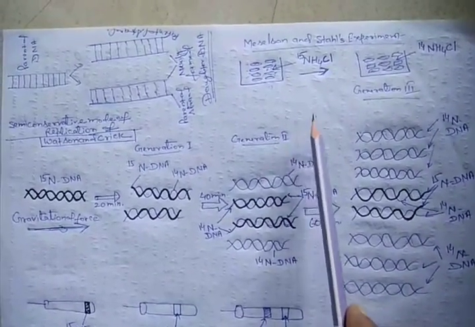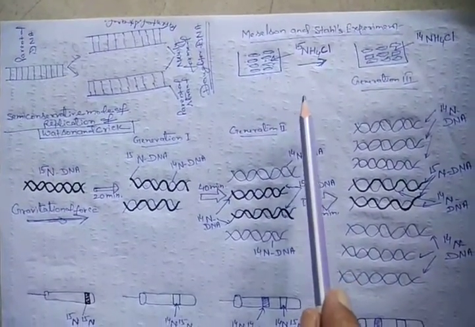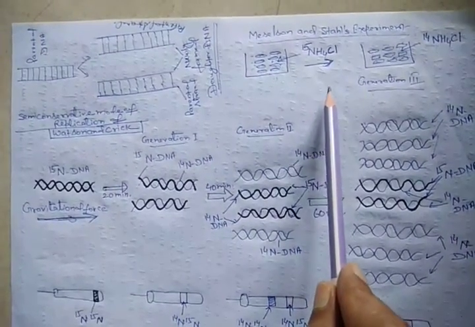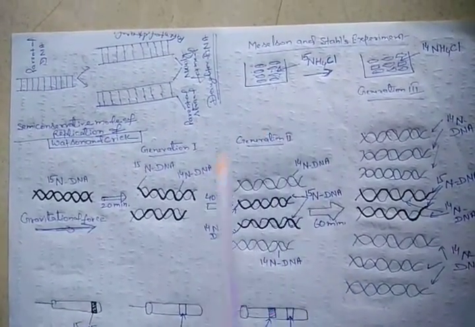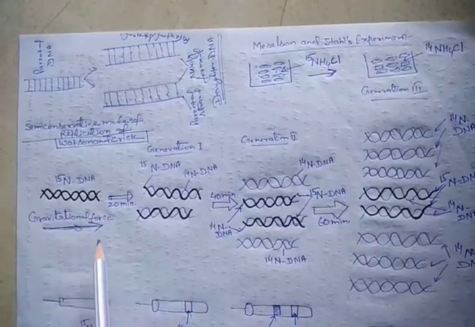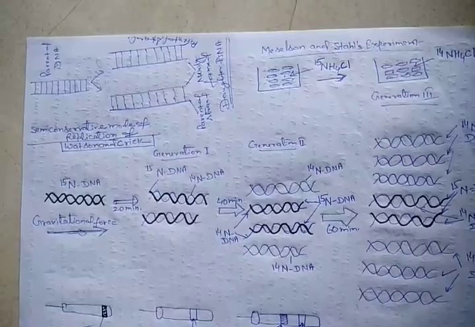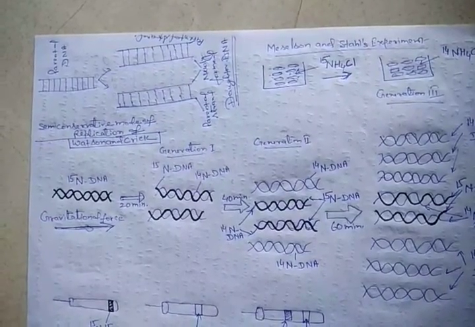From the cells of each generation, they extracted the DNA and centrifuged it to know its density, or heaviness.